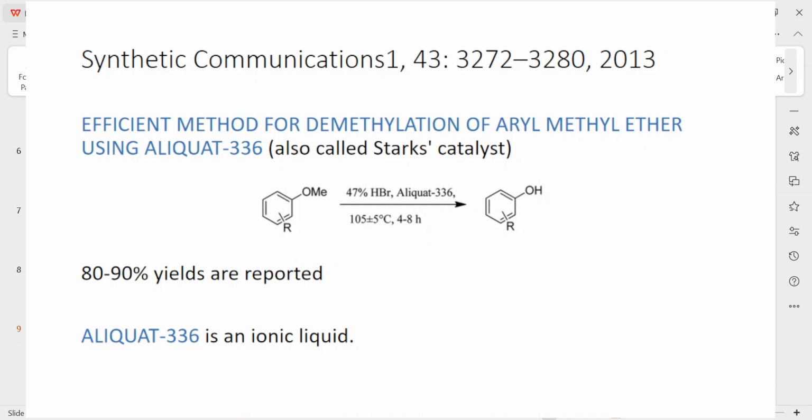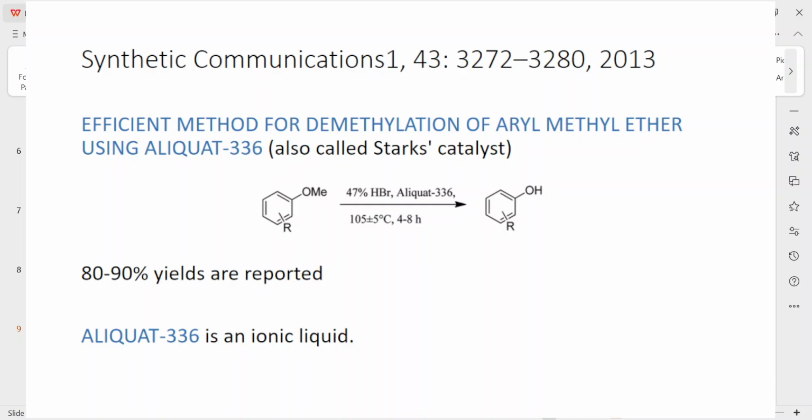Another paper is with HBr and AlCl3. AlCl3 is an ionic liquid, a quaternary ammonium salt, and good yields are reported with this type of catalysts.